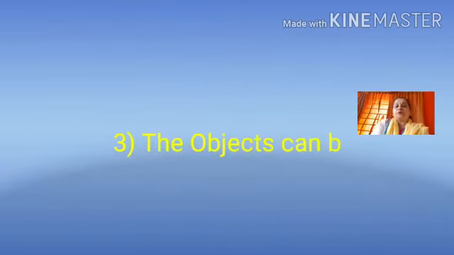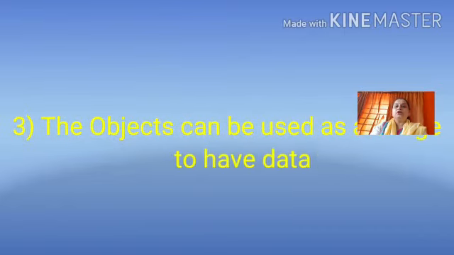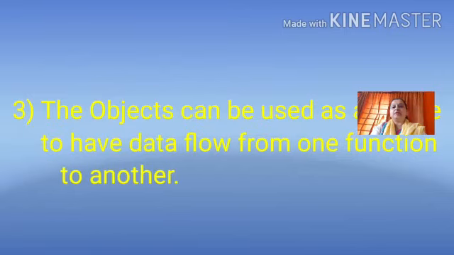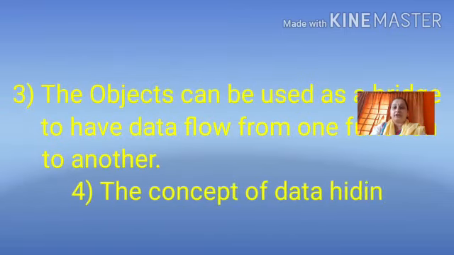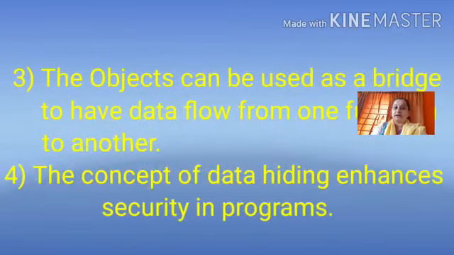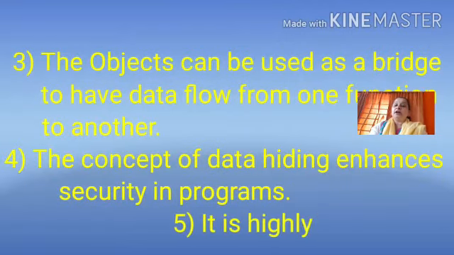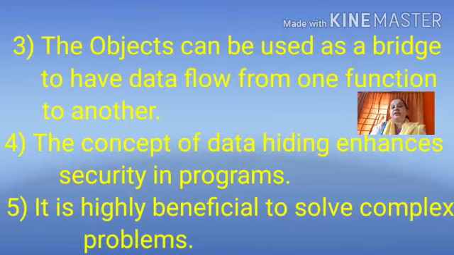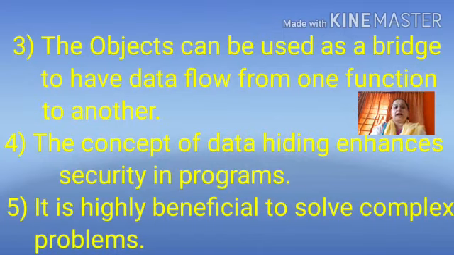The third feature is that the object can be used as a bridge to have data flow from one function to another. That is, we can create an object, and using that object the data can flow from one function to another function.